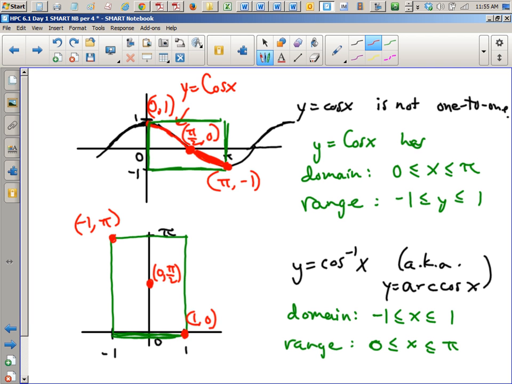So just looking back at the graph here, I would say this part of the graph is kind of sad. So I drew a little frowny face there between 0 and pi over 2. See that? And the second part of the graph is more like a smile. So turn that frown upside down. That's a happy part of the graph. I don't know if you can see my little happy face.